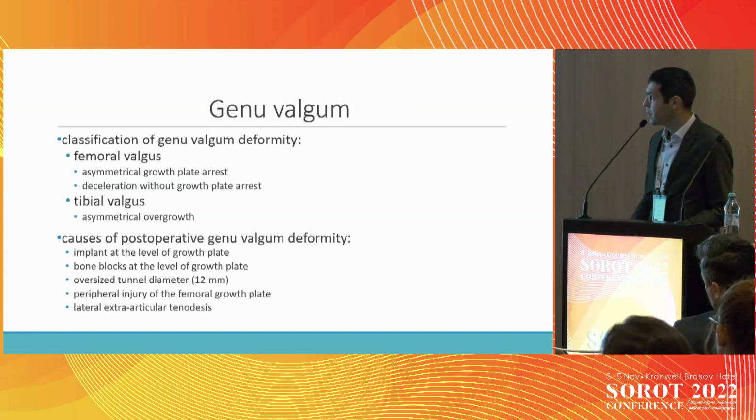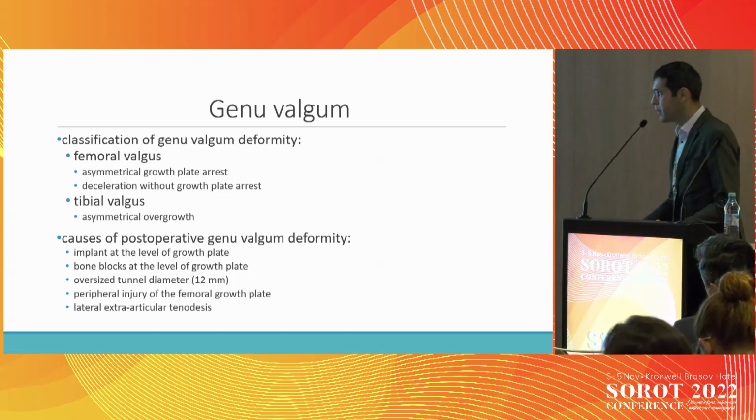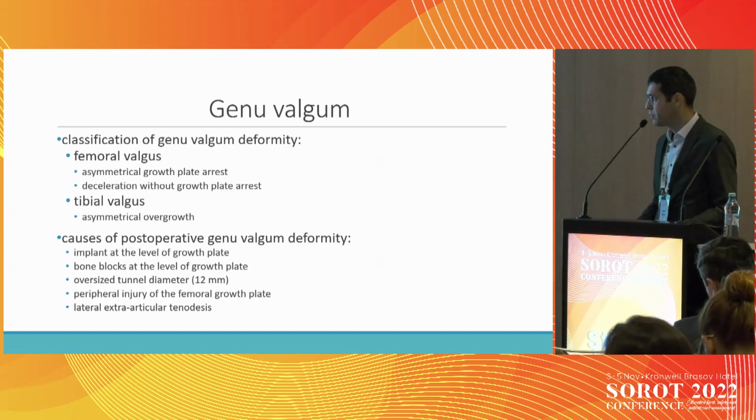Genu valgum may result from femoral valgus or from tibial valgus, and it is important to bear in mind that we may reduce this kind of deformity by eliminating the causes of the postoperative genu valgum, like the implant at the level of the growth plate, like the bone blocks located at the level of the growth plate, the oversized tibial tunnel diameter.